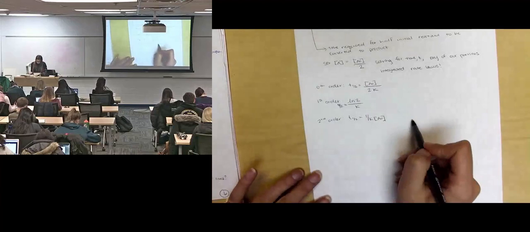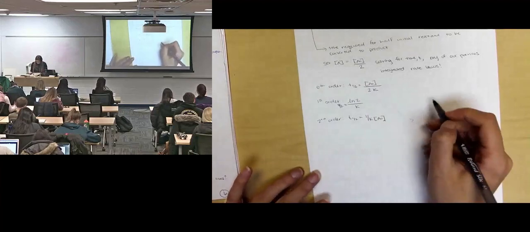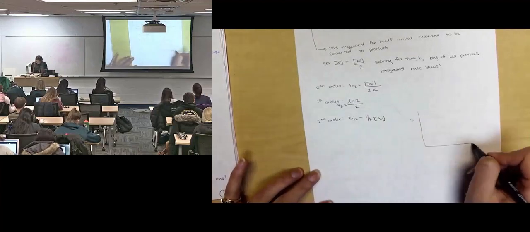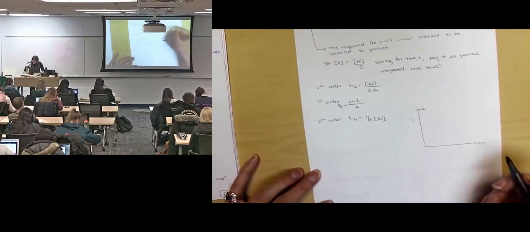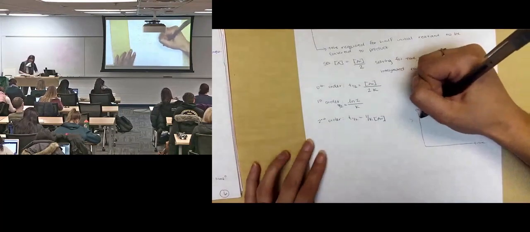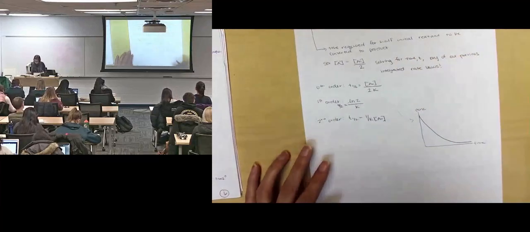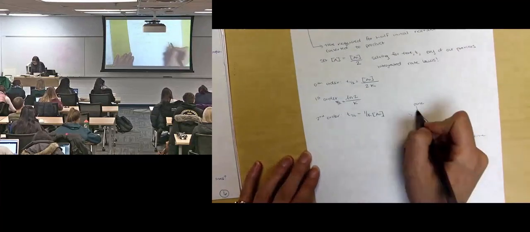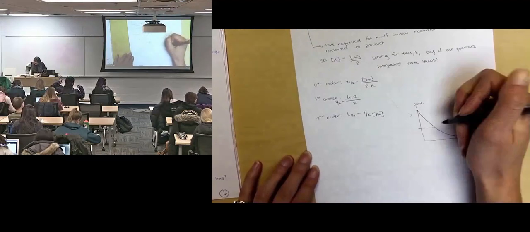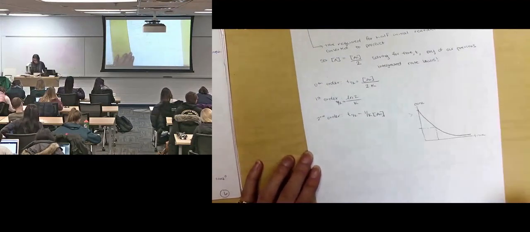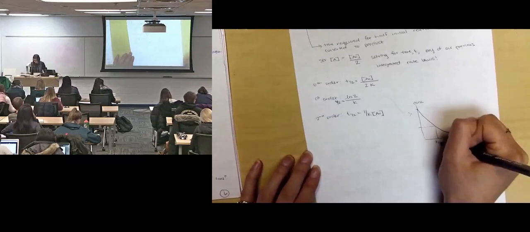So first order is a unique case, where here is time, and here's concentration, and we know that it has exponential decay. So essentially, at the first half reduction in concentration, this is T1/2.